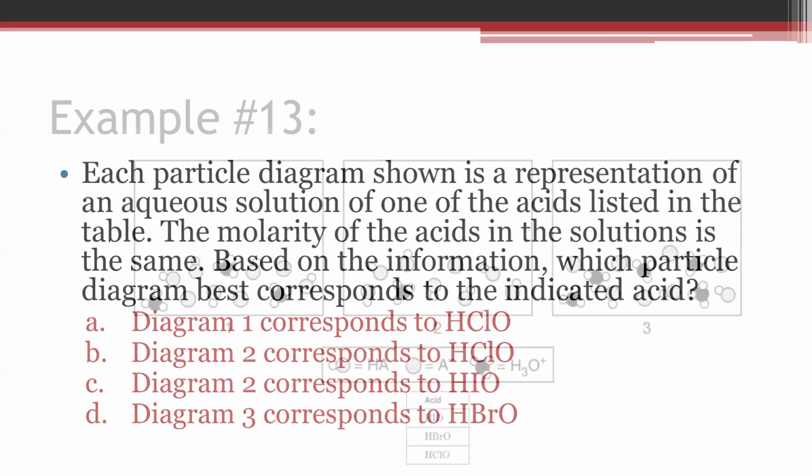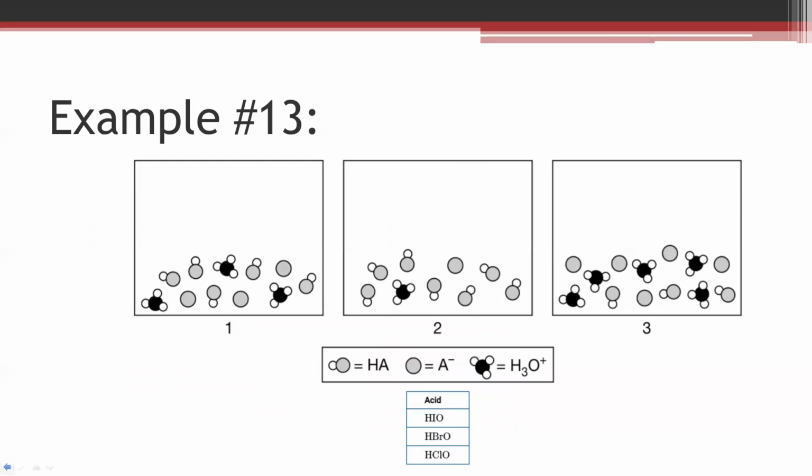If we go back, it looks like from the pictures, the more hydronium you have present, the more dissociated it is. Picture 3 has the most hydroniums, so that would be the strongest of all possibilities. And picture 2 only has 1 hydronium, so that would be the weakest of all of the options.